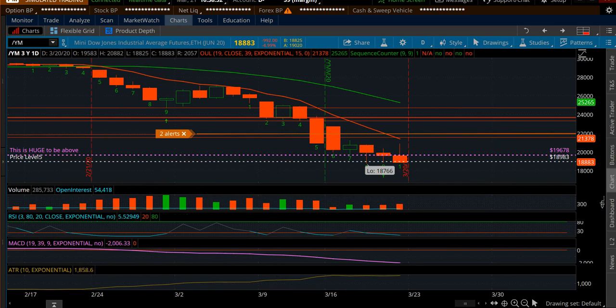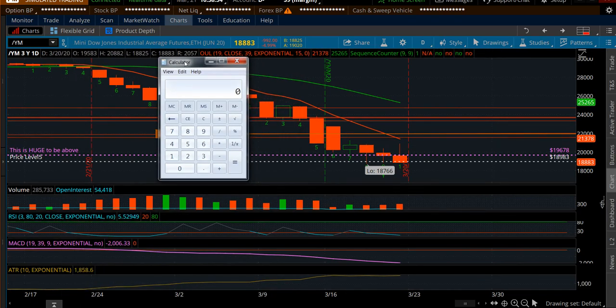So if you have, just hypothetical, and your numbers will be different than the numbers I use, okay? If you have $20,000 in a trading account, 1% of that is $200.